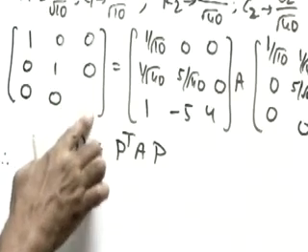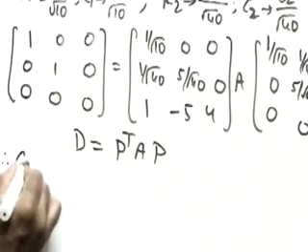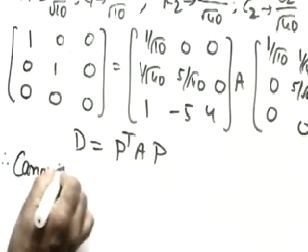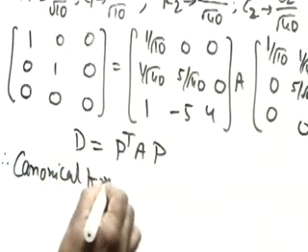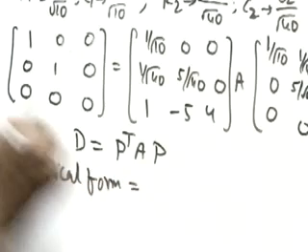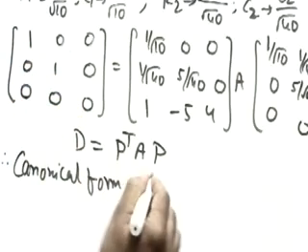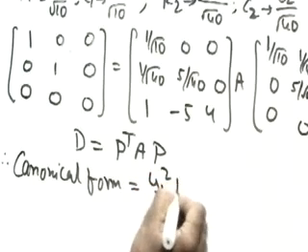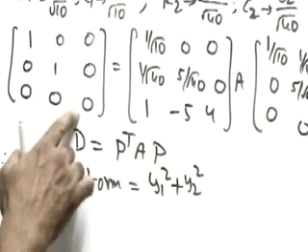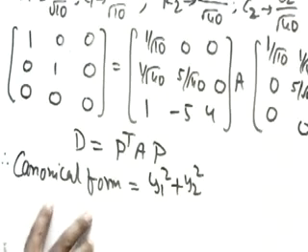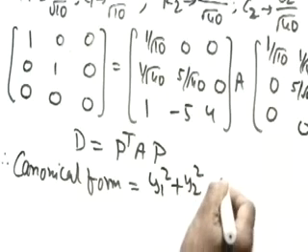Therefore, you see here some steps are there. First is the canonical form. Sorry, here we are having 0. The canonical form equals y1 square plus y2 square, and this y3 square term becomes 0. Leave this one, first step.